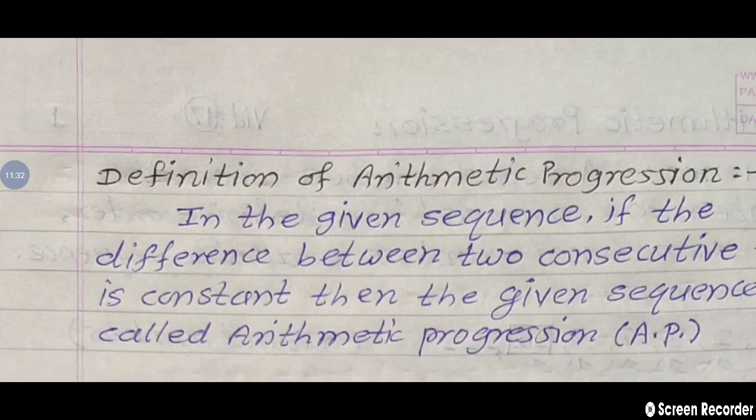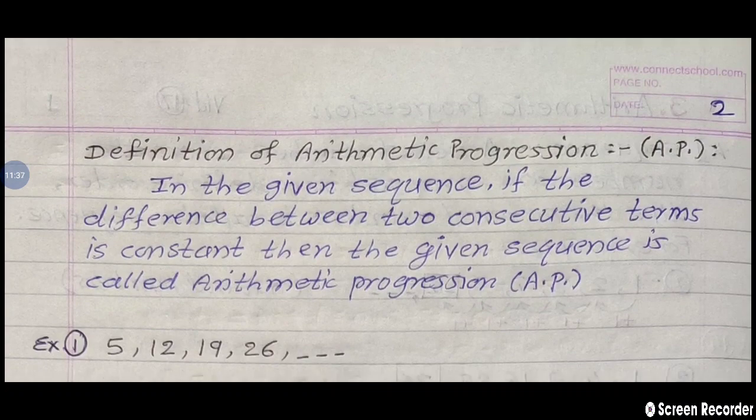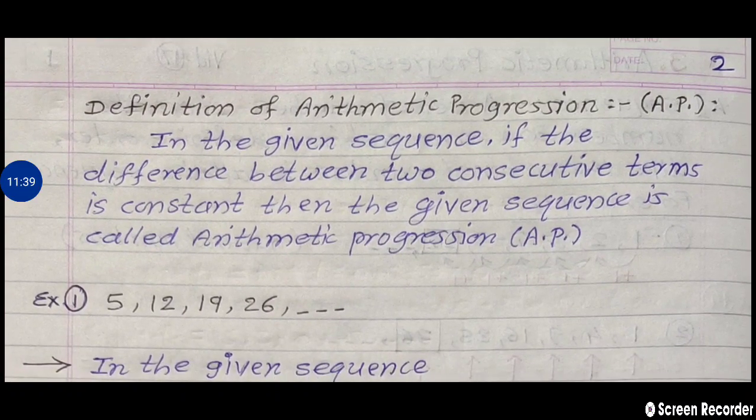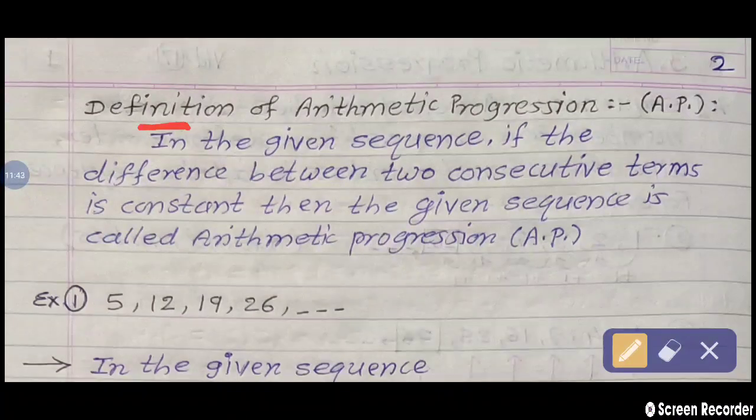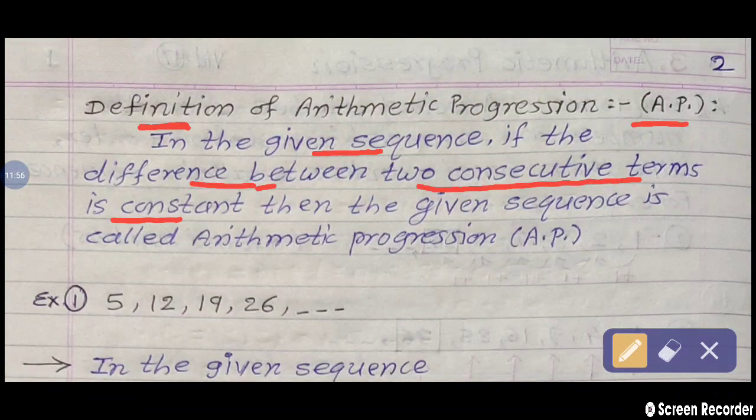Next concept we learn in this lesson is the definition of arithmetic progression. Say it carefully. Definition of arithmetic progression, in short AP: in the given sequence, if the difference between two consecutive terms is constant, then the given sequence is called arithmetic progression, or in short AP.